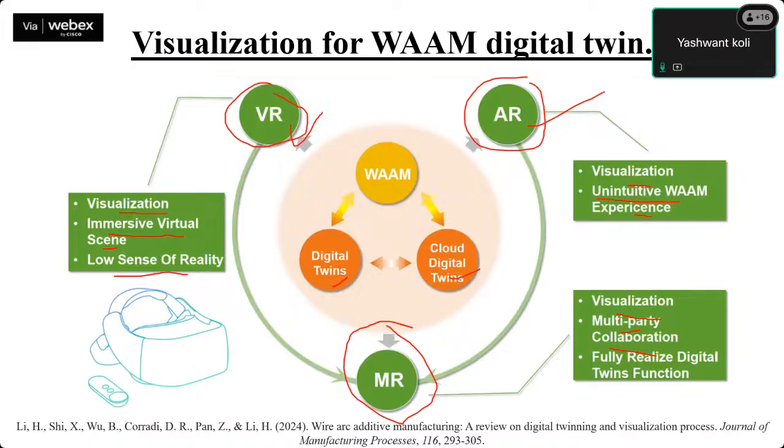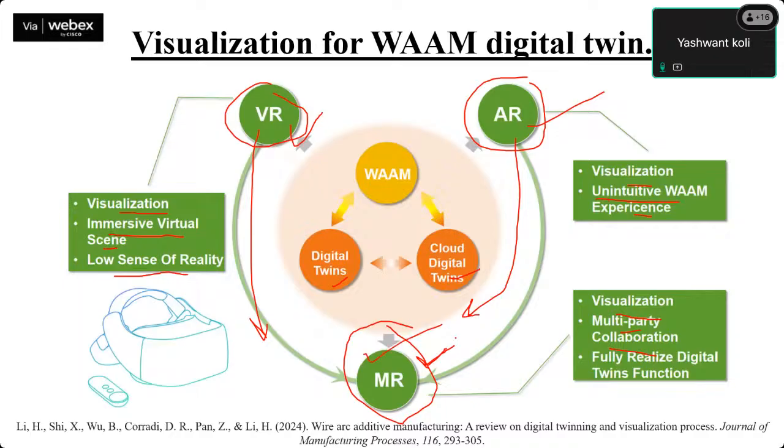So we are combining these two things for mixed reality. This is also a thing, mixed reality. It is best suited for WAM digital twin as it merges both the digital aspects and the physical aspects. All the real time aspects can be integrated and merged with the digital aspects. Both the features of VR and AR are there in MR, that is mixed reality.